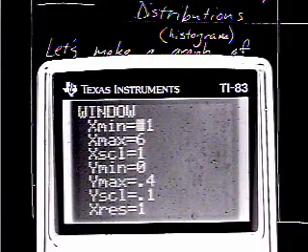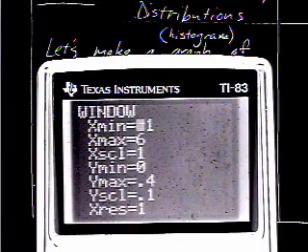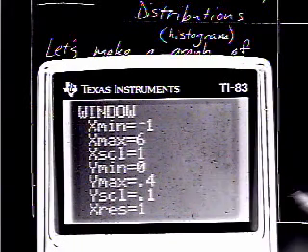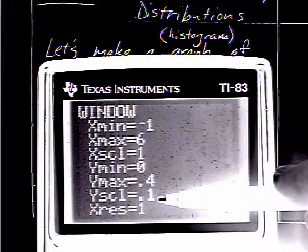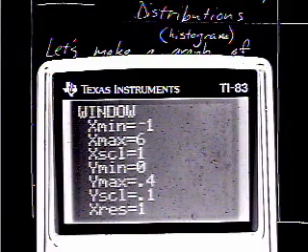I actually made it go from -1 to 6 just so I made it a little bit wider in the x direction. But I think 0.4 is plenty on the y direction. You don't need to really go a lot higher. You'll notice that my y-scale is 0.1. I went up by marks of tenths.